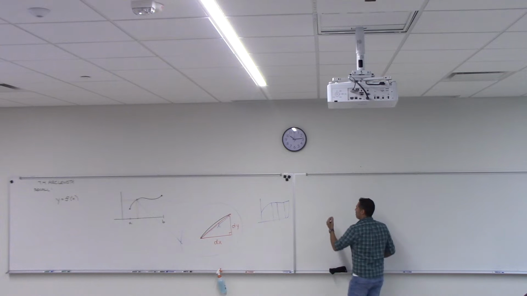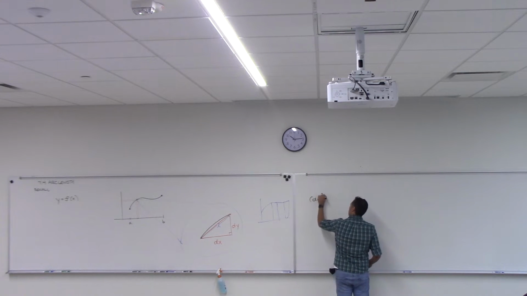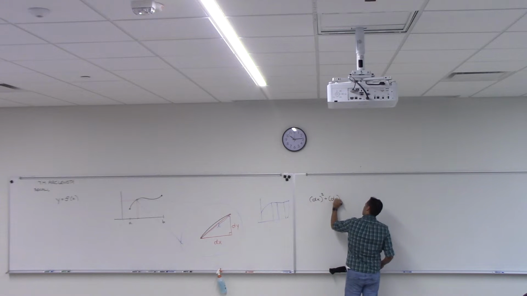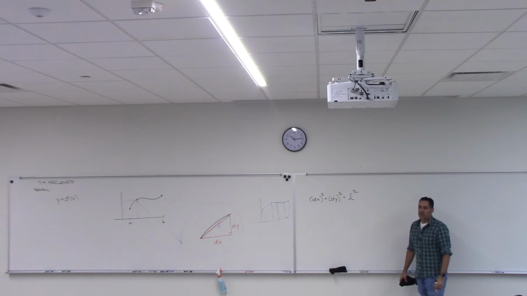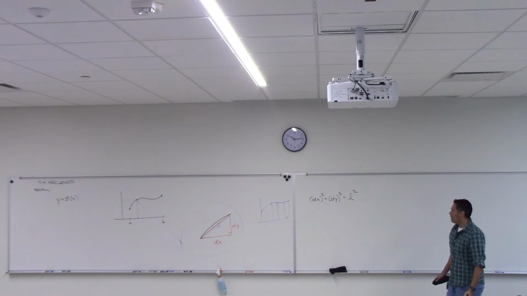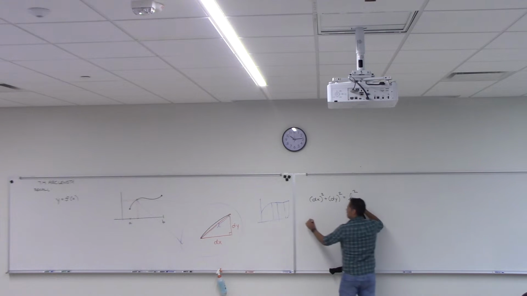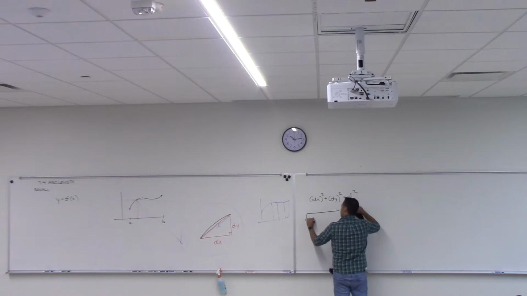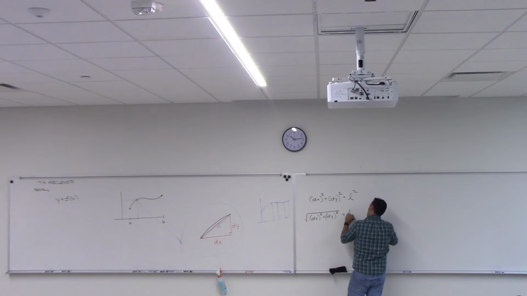Okay, so the length then, I could say dx squared plus dy squared must be L squared. That's just Pythagorean: a squared plus b squared is c squared. I want to get L by itself, so I'm going to take the square root of dx squared plus dy squared, which equals L.